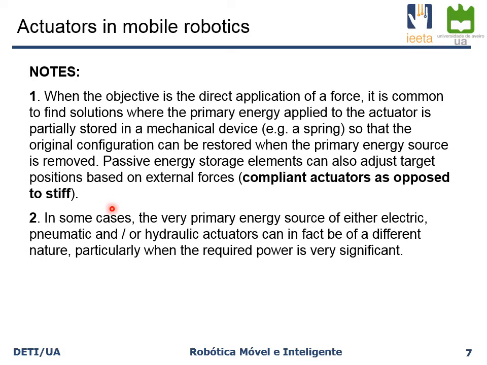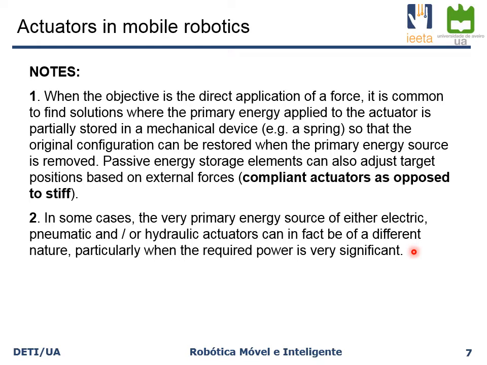In some cases, as we stated before, the very primary energy source of any of the energy sources that we have considered, electric, pneumatic, and hydraulic, can in fact be of a different nature, particularly when the required power is very significant. For instance, when we saw that very large truck used in open mines in Australia, the original primary energy source is an internal combustion engine based on fuel.